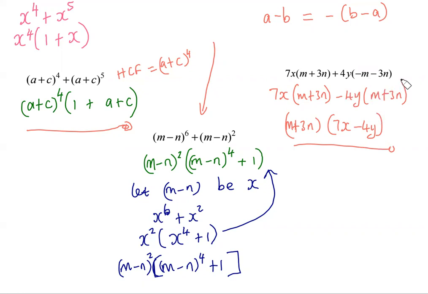So what we're simply saying here is that if you are to expand this, you're going to get negative 4ym and negative 4yn. Sorry, here it's not negative 4, it's because it's 4 times 3, it's going to be 12, guys.